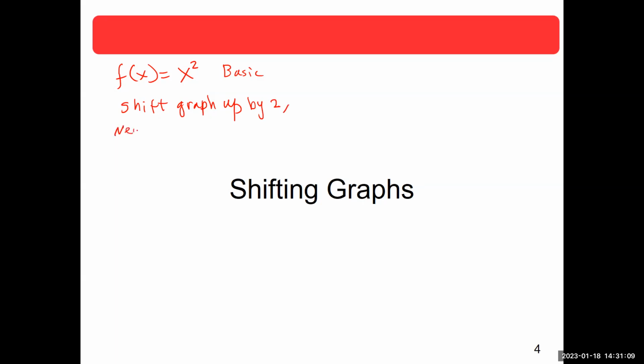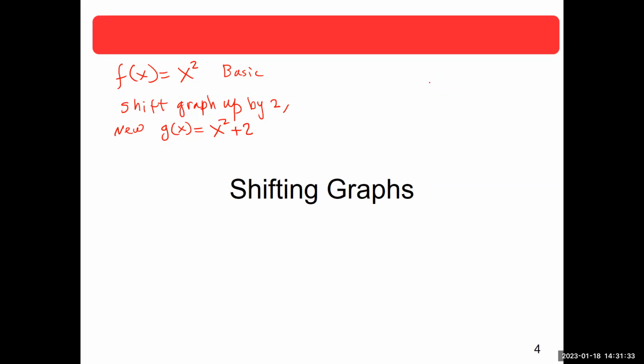Well, I'm not going to use f. We're going to give it a new name. g(x) = x squared plus 2. So shifting up, I added 2. That's it. That's a new function.